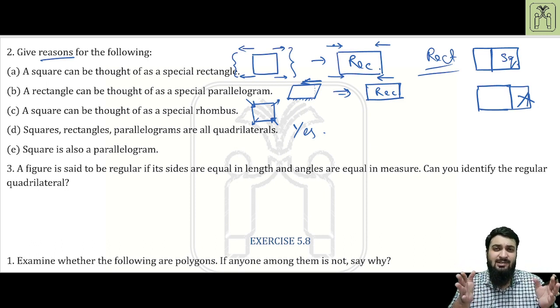However, the vice versa is not true. Now, if you take a square, the square is a special case of parallelogram with the same logic. However, the parallelogram is not a special case of a square.